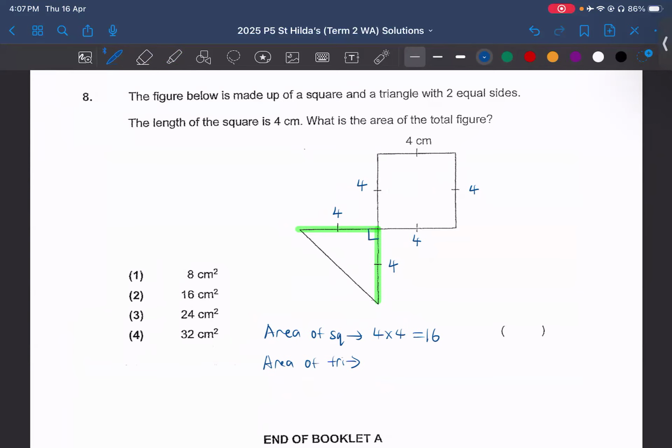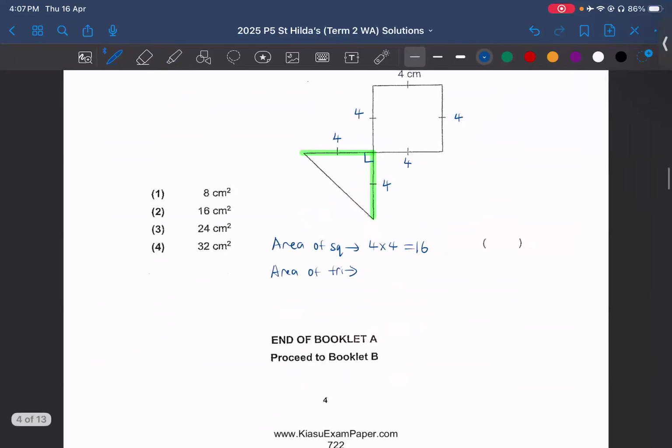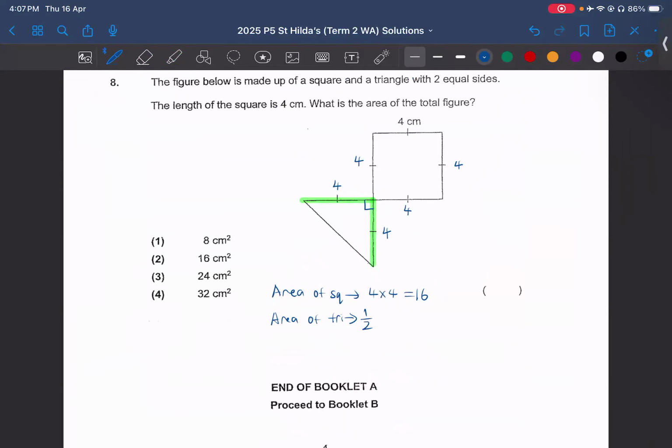So it means it's a right angle there. So to find the area of this triangle would be just taking half times 4 times 4, which in this case is 8. Then the total area will be taking the area of the square, which is 16, plus the area of the triangle, which is 8, which adds up to 24 cm squared, which is option 3 in this case.